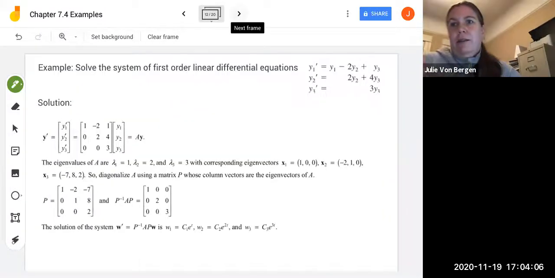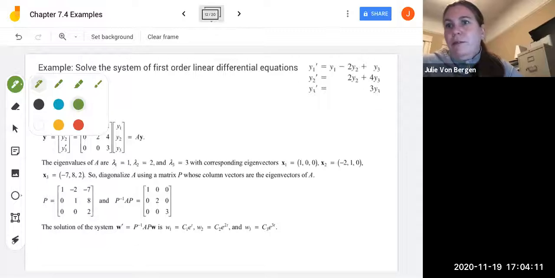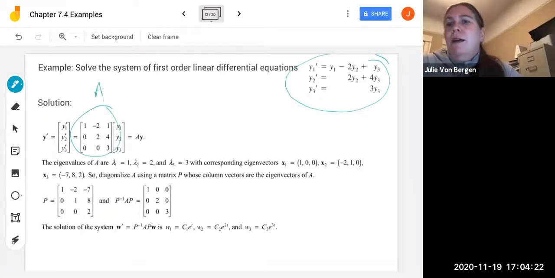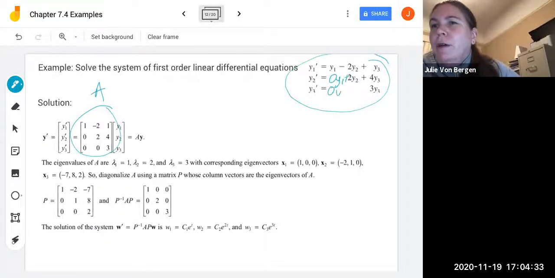Okay, let's look at a 3 equation example. In this example, we've got y1 prime, y2 prime, and y3 prime. When we take their coefficients to construct matrix A, it ends up being a triangular matrix, because of the 0, y1 in the second row and 0, y1 plus 0, y2 in the third row.